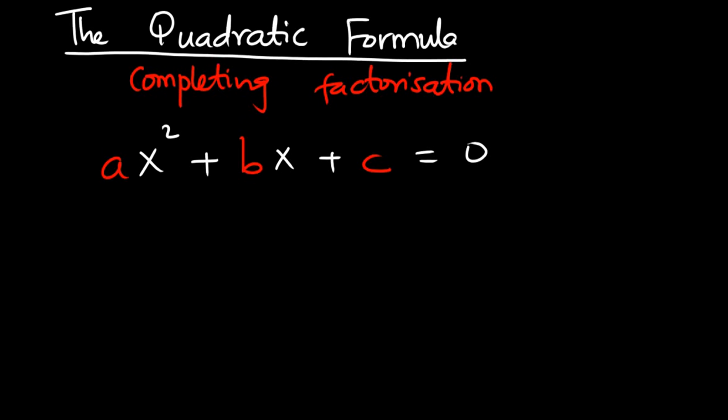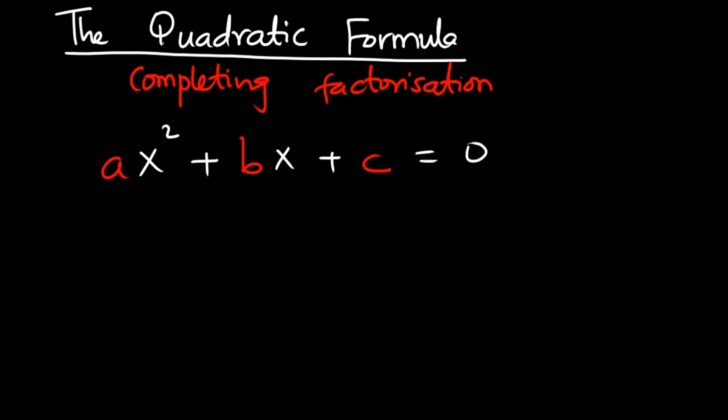So a and b are coefficients. a is the coefficient of x squared, b is the coefficient of x, and c is a constant. So I want us to use the completing the square method to try and find the values of x.